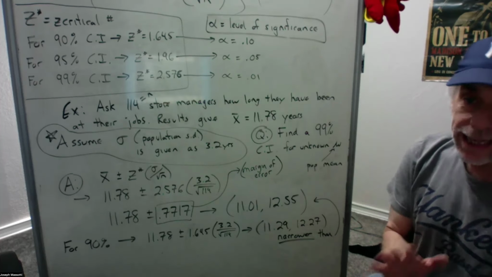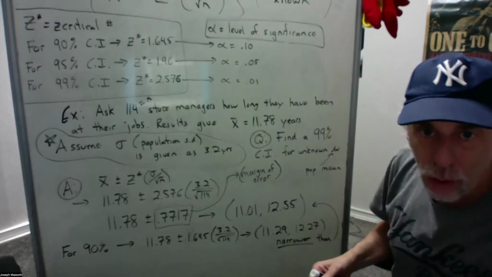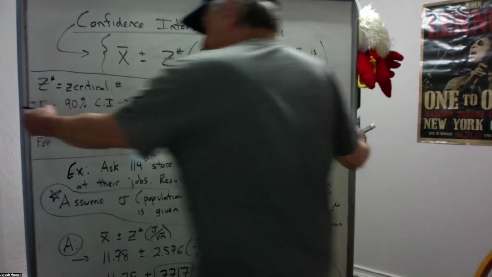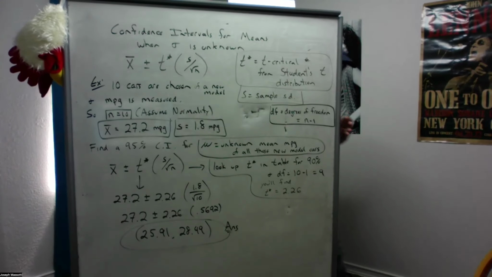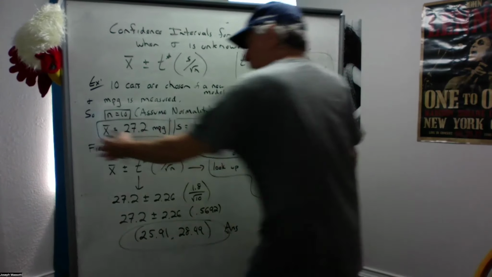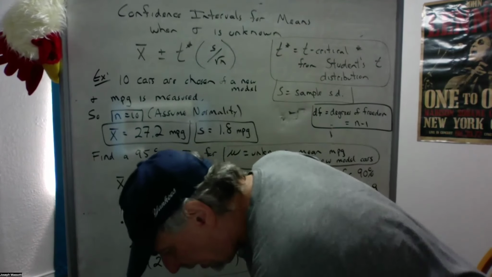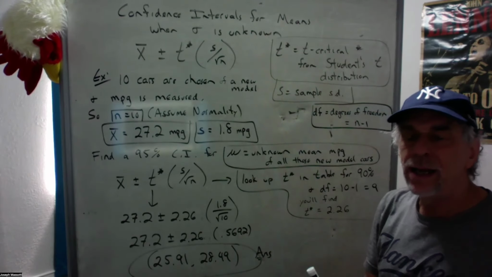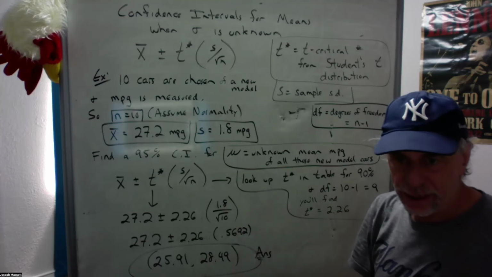All right, so now the second case is when we don't know what sigma is. When we don't know what sigma is, we have to use another technique. So now, what changes is because we don't know what sigma is, that introduces another level of uncertainty, right?